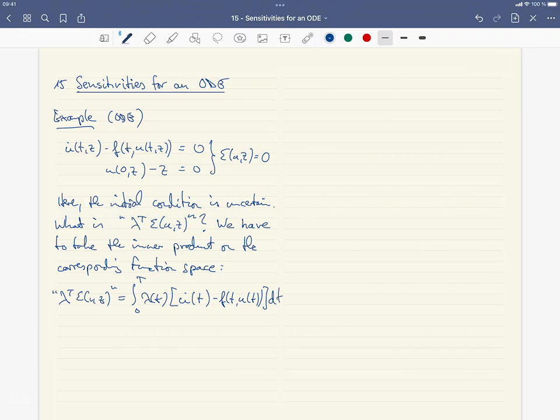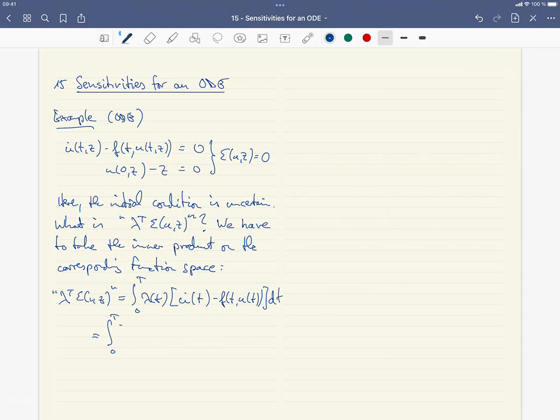So we do something as before, integration by parts, in order to include the initial condition into this. There are many ways of doing this. I'm opting for this. I could also introduce another Lagrange multiplier and add this condition here as well. But I can also start with just the differential equation, then use integration by parts.